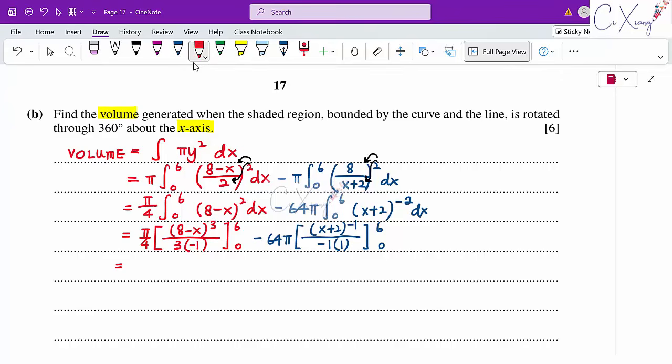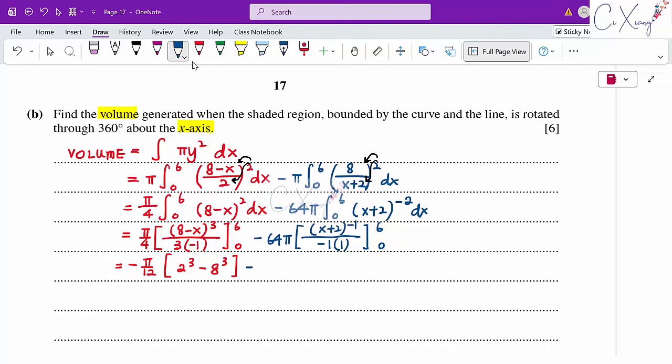Again, my personal habit is I always prefer to take out the constant before I substitute any value. If I take out negative 3 outside, then I will have negative pi over 2 outside. Okay? Substitute 6 inside. So 8 minus 6, you are having a 2 power 3. Substitute 0 inside, you'll be having 8 minus 0, which is 8 power 3.